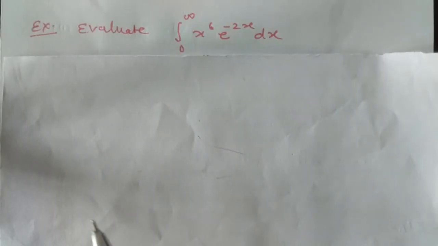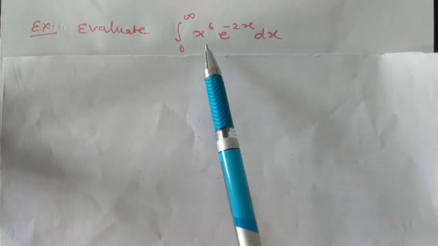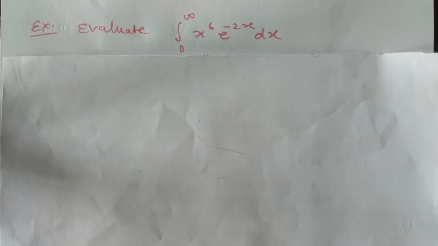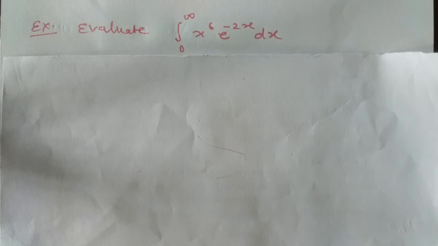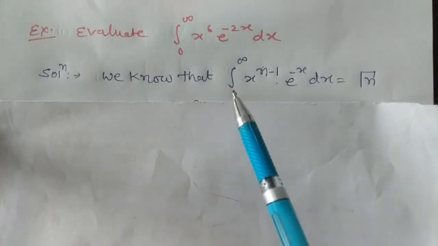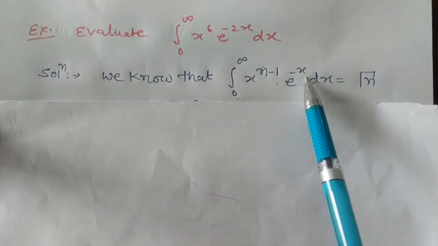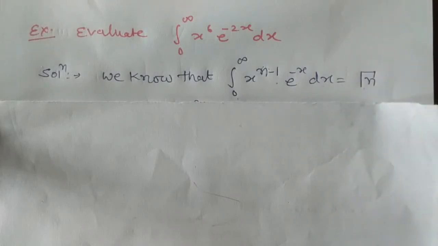Next example is: evaluate the integral 0 to infinity x power 6 into e raised to minus 2x dx. Since the integral contains the exponential term, we use gamma functions to evaluate this integral. By definition of gamma function, we have integral 0 to infinity x power n minus 1 into e raised to minus x dx is gamma n.